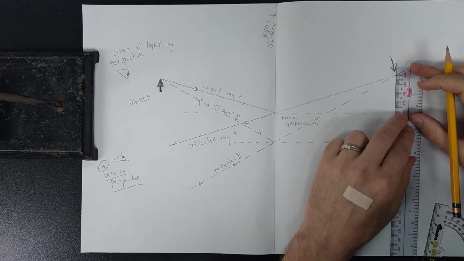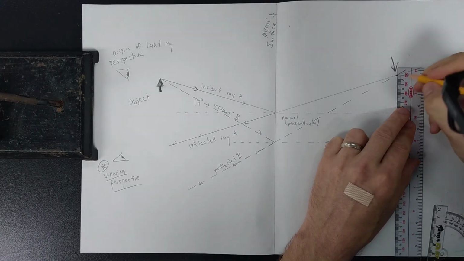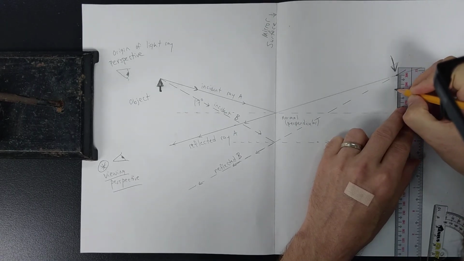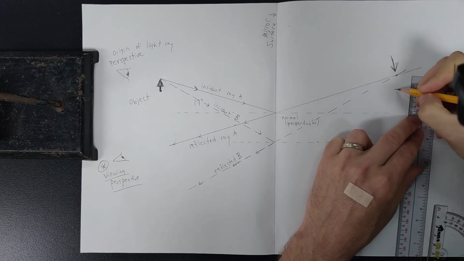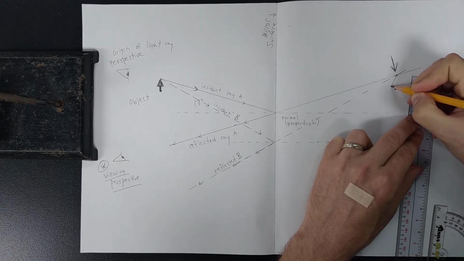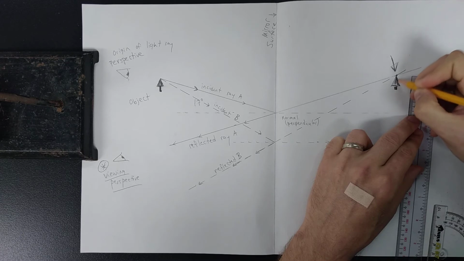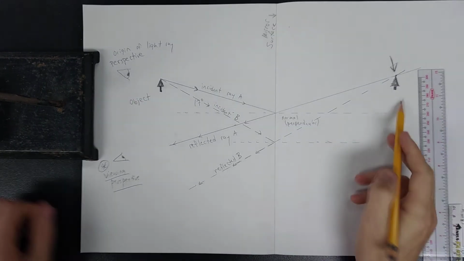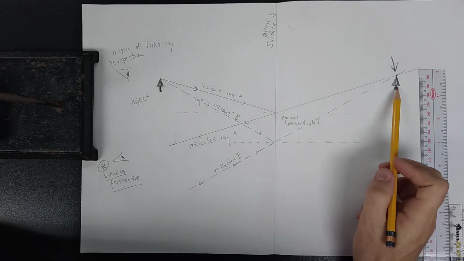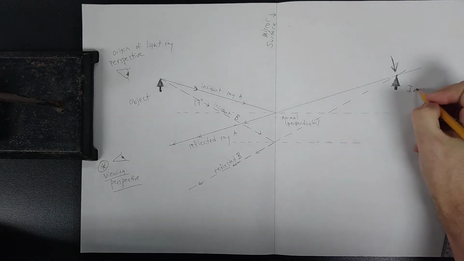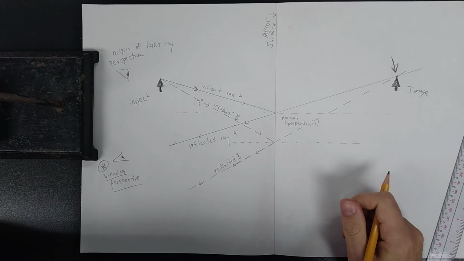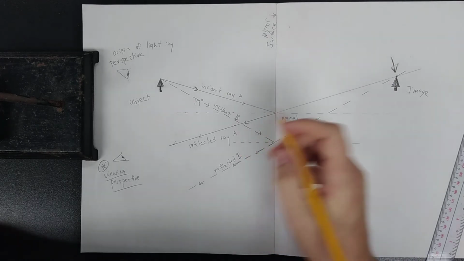So then we come over here. 15 millimeters tall, right? So we draw this little trunk, draw this Christmas tree shape. And there you go. That's where the image of our object should be.